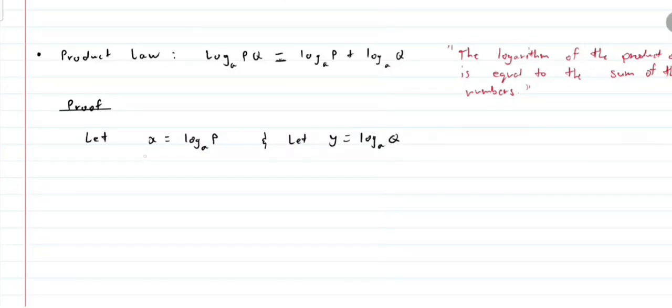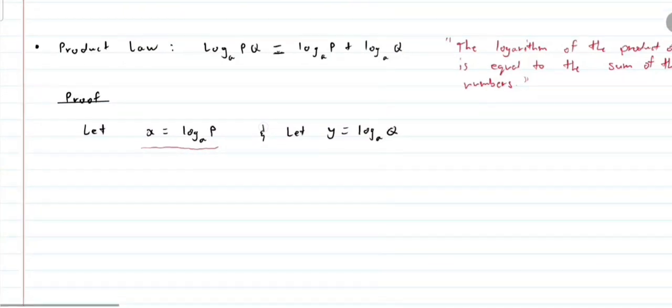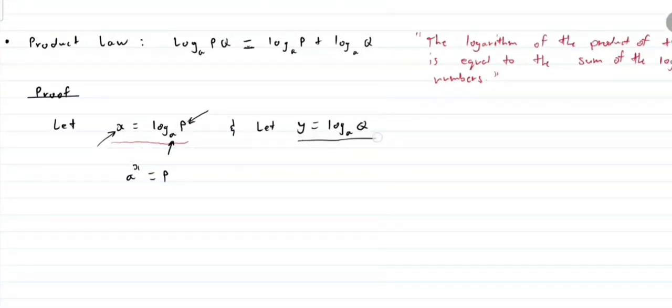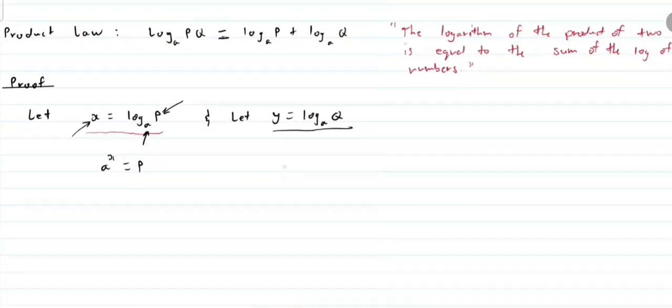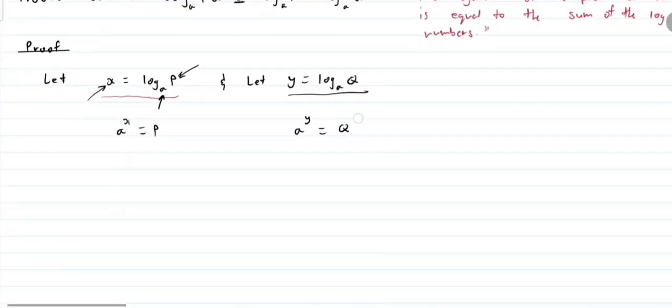Now let's convert this logarithm equation right there into an exponential equation. And we're going to do the same thing with the other one. So here, a is my base, right? X is my index, so I get a raised to the power of x is equal to p. Alright, do the same thing over here. I'm going to get a raised to the power of y is equal to q.